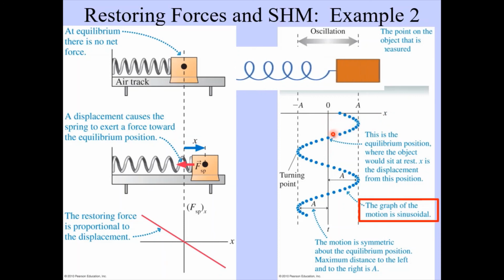And so you can see if you take a lot of points here, about 100 data points, notice the data points trace out a perfect sine or cosine function. So this is, again, one of the trademarks of simple harmonic motion: this sinusoidal motion that looks like a sine or cosine function.